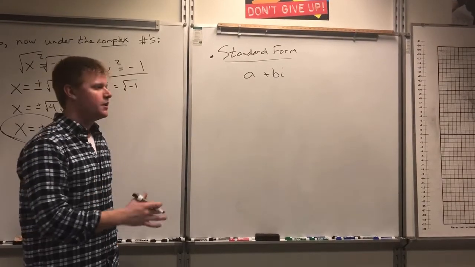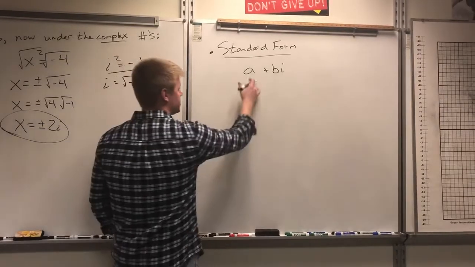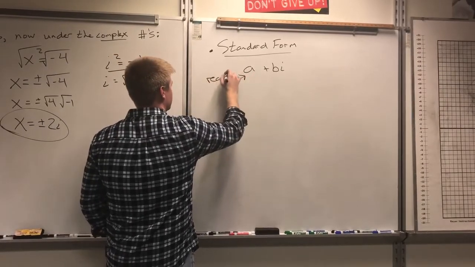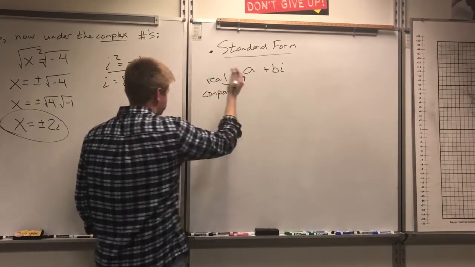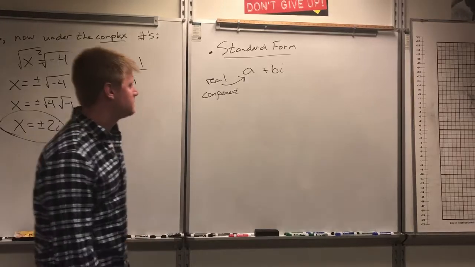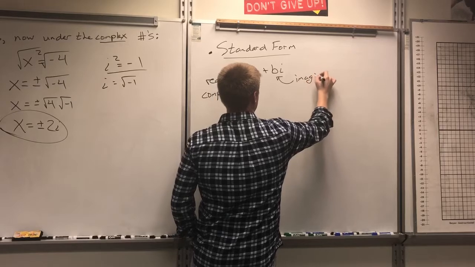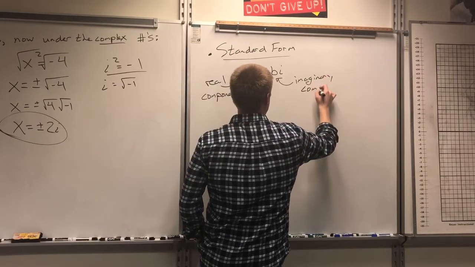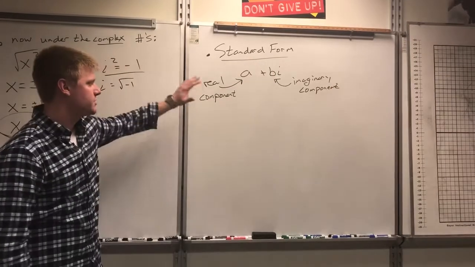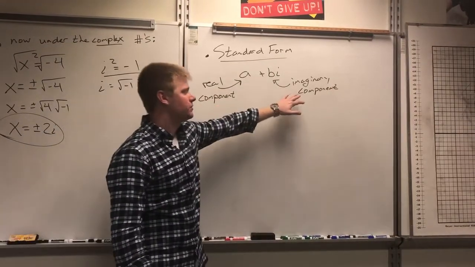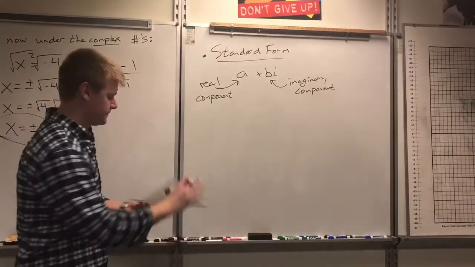Imaginary numbers are involved in complex numbers, but a complex number is a combination of a real number component, so maybe just a number 6, whatever, a real number, added or subtracted to an imaginary component. So when I am working with complex numbers, this is just the format. I always see the real number first, added to the imaginary number second. So again, little minor things that you always have to keep in mind.